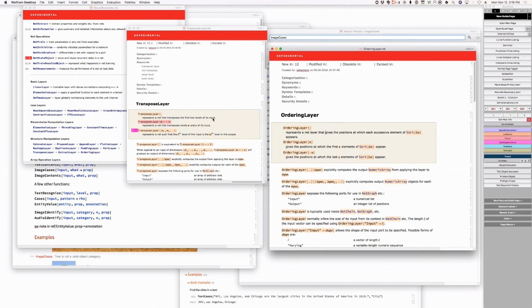Represents a net that transposes the first two levels, right? So this represents a net. Why does this say net? This should say a net layer, unless we're not doing that for most of these other ones. Right? Yeah, it should say net layer. You're right. Yeah, exactly.